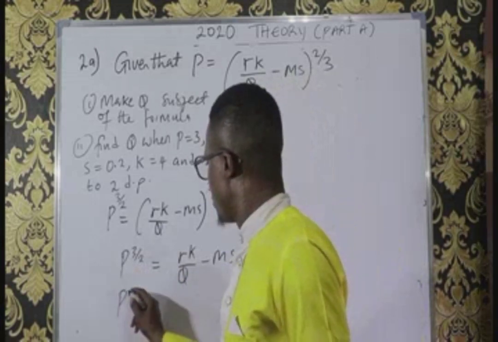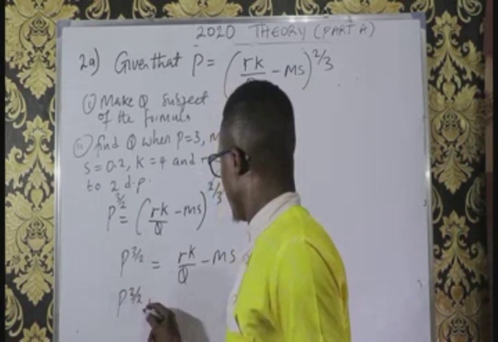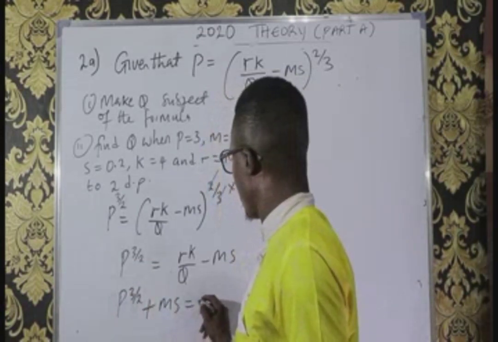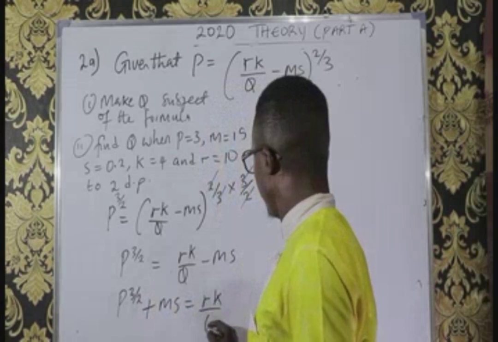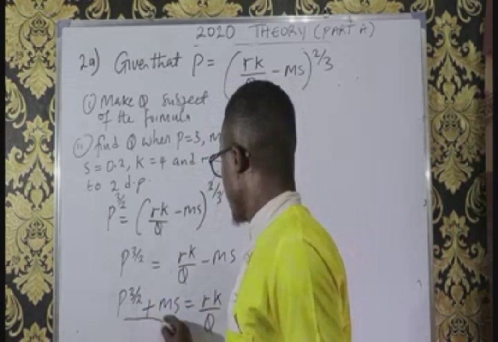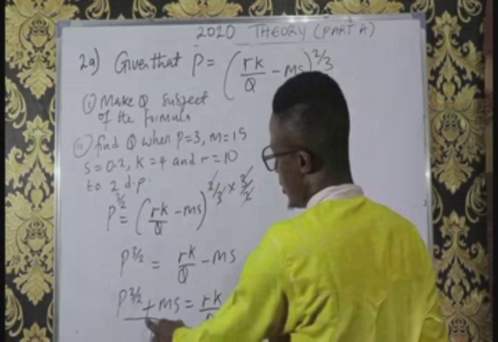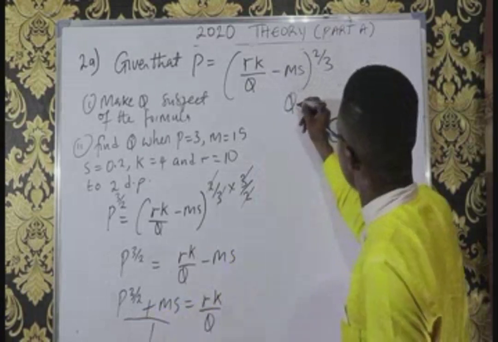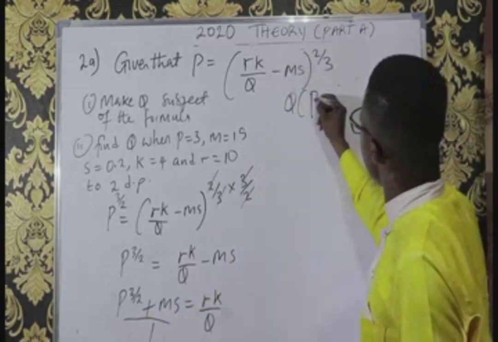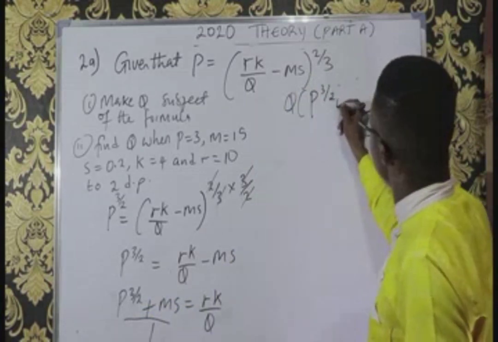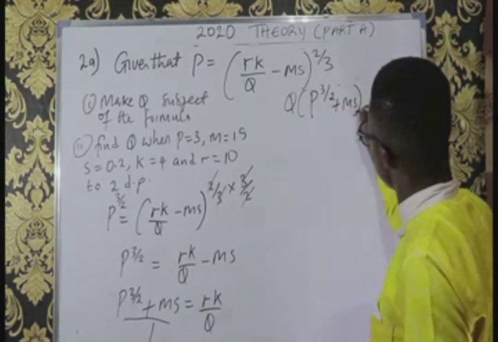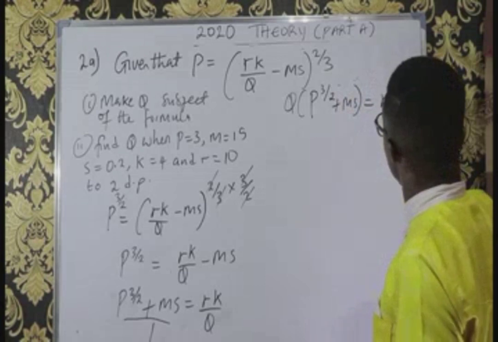So we have P to the power of 3 over 2 plus MS equals RK all over Q. I can call this over 1, then cross multiply. When I cross multiply, Q will be times this. So we have Q into P to the power of 3 over 2 plus MS equals RK.